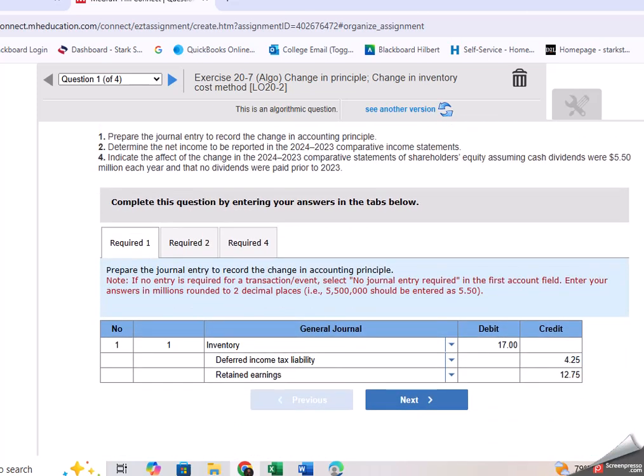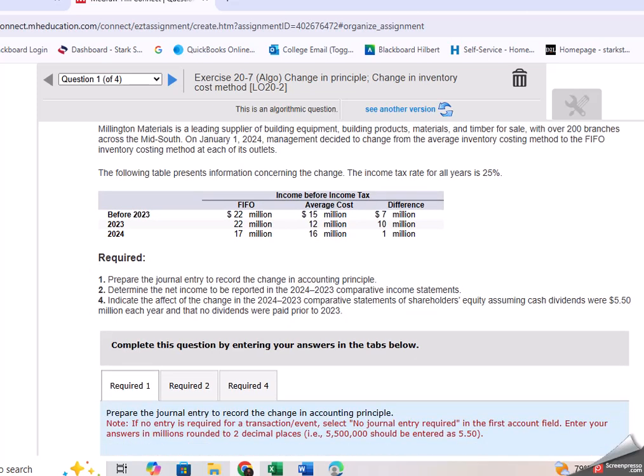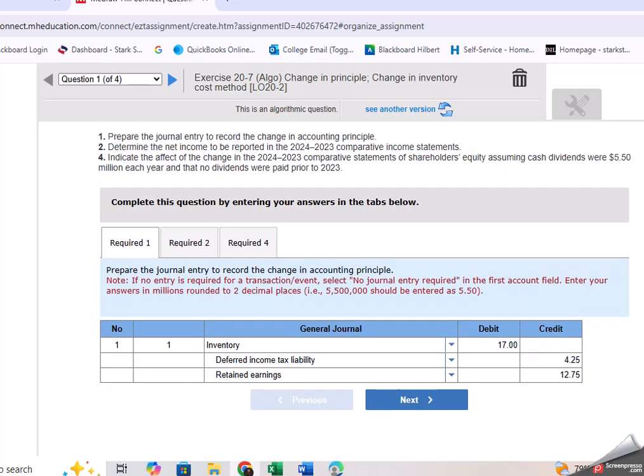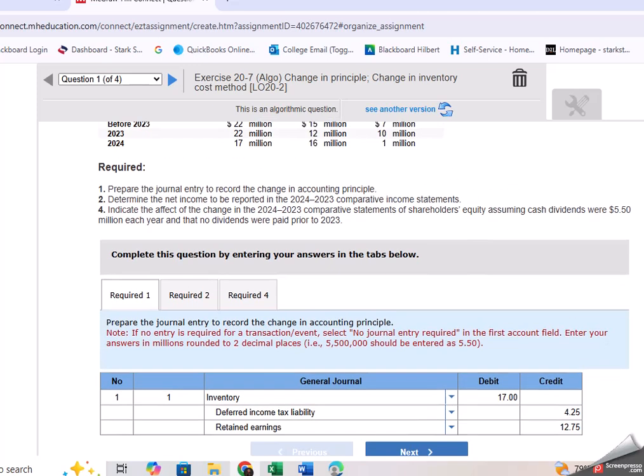And then our retained earnings is going to be the difference. Well, I guess we don't know if it's for tax purposes as well, but it creates that tax difference. So that is what that deferred tax liability indicates, that it's creating that tax difference.